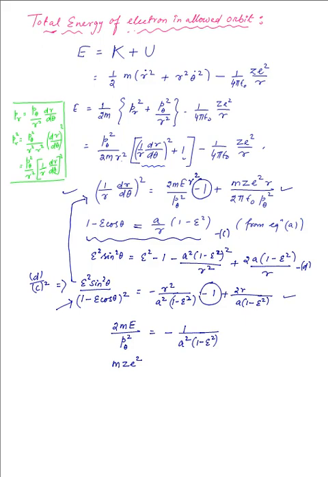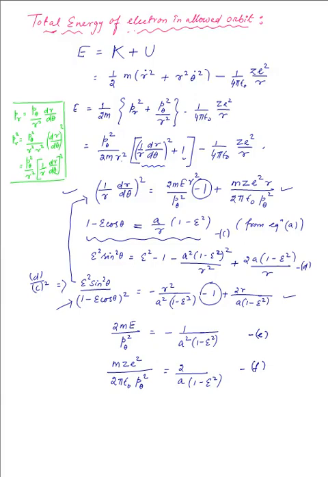And the third term, that is m z e squared, the component of r, divided by 2 pi epsilon naught p theta squared, is equal to 2 divided by a times (1 minus e squared). Now we are taking this as equation E and equation F.